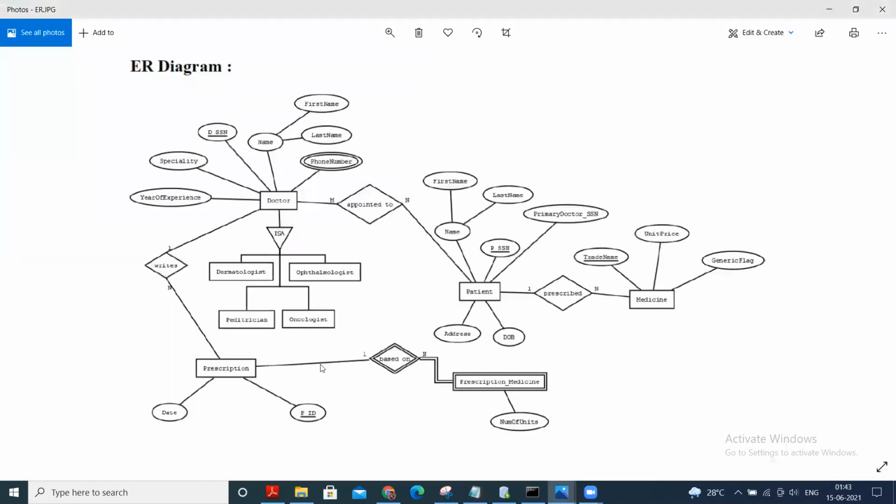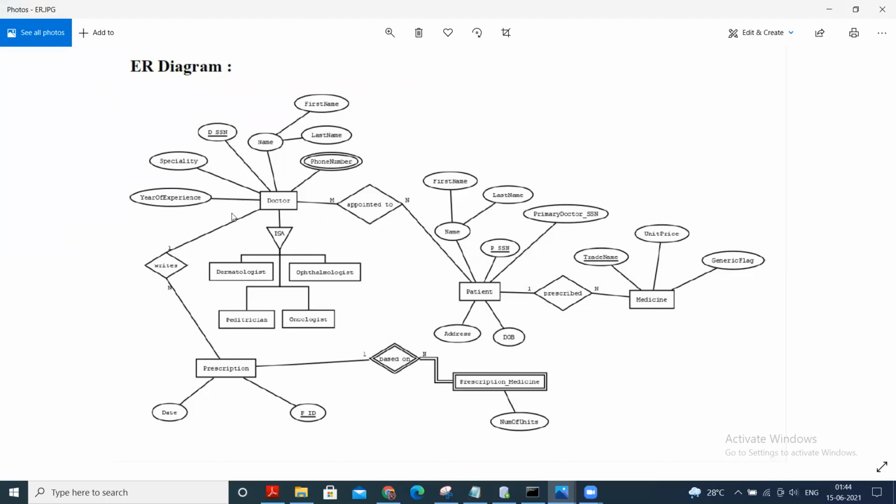So it is our ER diagram where the doctor is appointed to a patient, prescribes medicine, and also the doctor writes the prescription based on the prescribed medicine. Okay, so doctor is an entity, and between doctor and patient there is a relationship, appointed to, and here is another relationship, prescribed, and it is the relationship prescription based on prescription medicine.